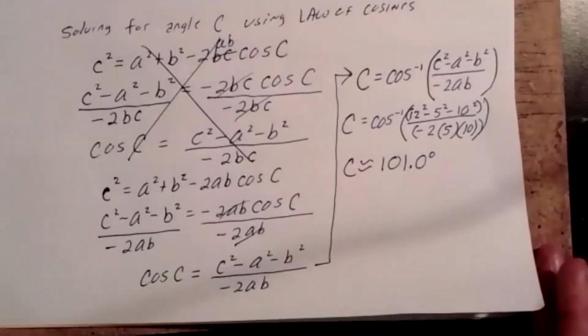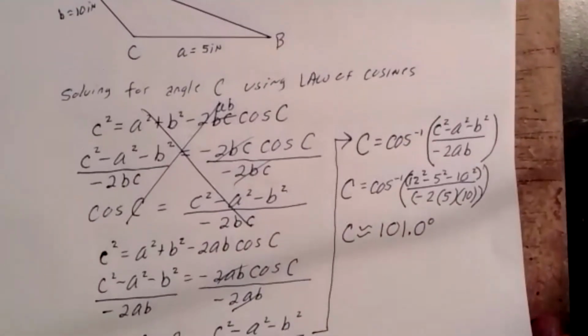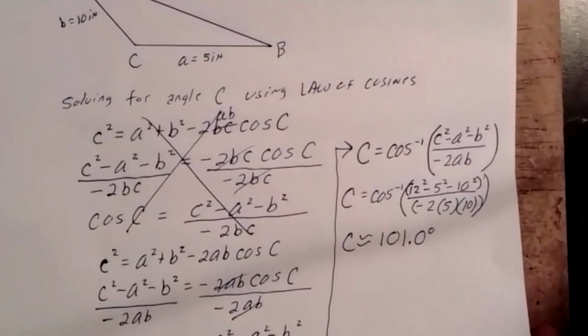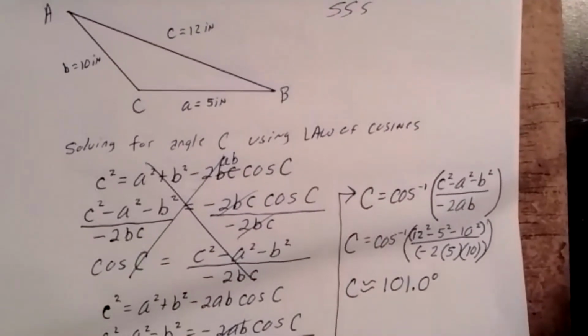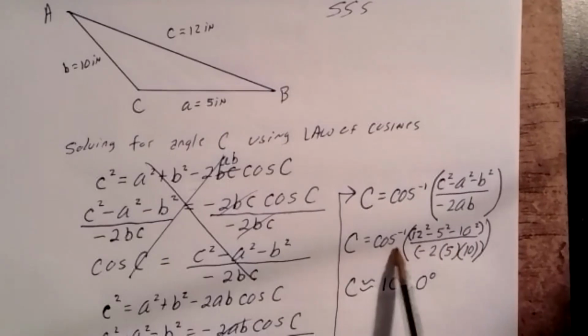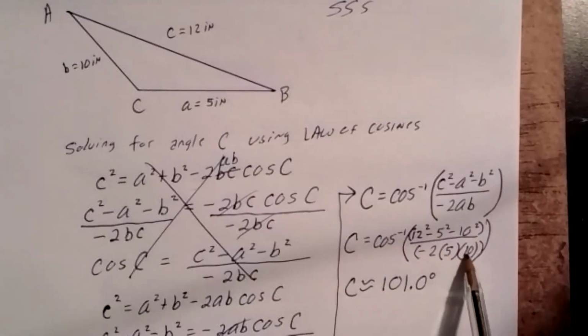Anybody get that? Let me know if anybody gets that. The inverse cosine of 12 squared minus 5 squared minus 10 squared, all divided by negative 2 times 5 times 10.